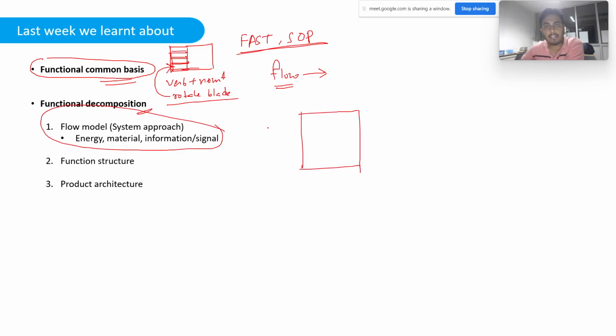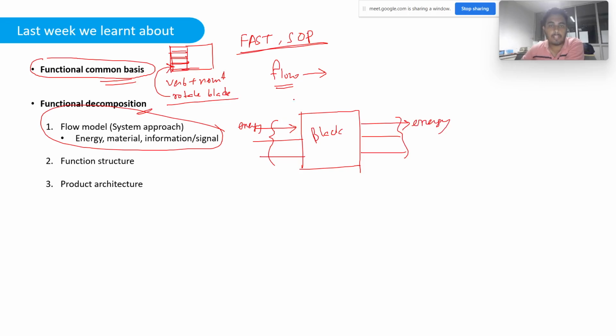What we learned in that particular model was that a system can be conceptualized as a black box. There are flows of elements in and flows of elements out, and what we consider as elements were energy. Some form of energy will go into a system, and the system will output another form of energy.